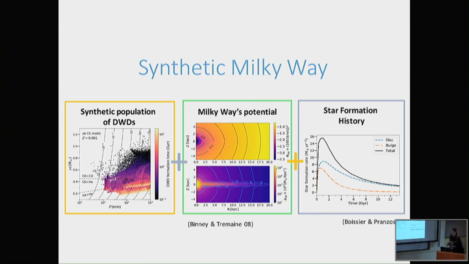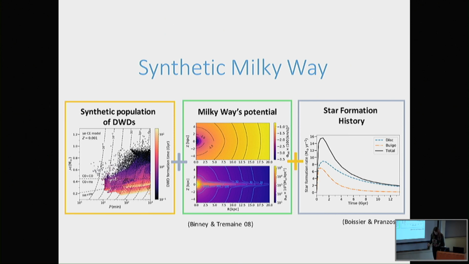The next step in my research is to give them a place in the galaxy and a birthday. For that, I assume a Milky Way potential. This is the potential and the respective density distribution. For this first part of the talk, I'm just using a smooth analytical potential with a spherical central bulge, an exponential disk, and a spherical halo.